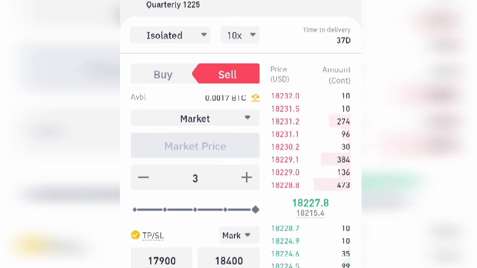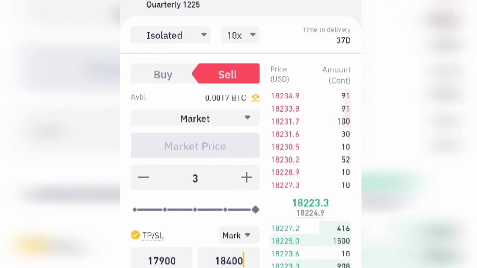Before you choose a quantity, like your contract, because these three parts are your contract, where you select how much contract your balance can buy, so right now the amount in this balance can buy 3 contracts. But before you do that, first of all, you click take profit and stop loss. Set your take profit and stop loss first before you select that.